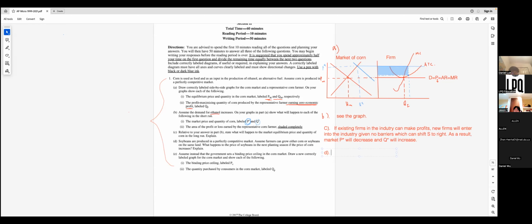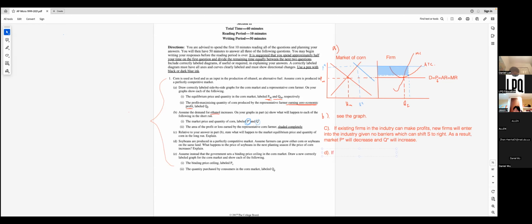As a farmer, we just use our farming land to produce either corn or soybeans. Same resources, but it can be used for producing two different things. And the relationship between corn and soybean is called productive substitution. So what happens to the price of soybean in the next planting season if the price of corn increases?